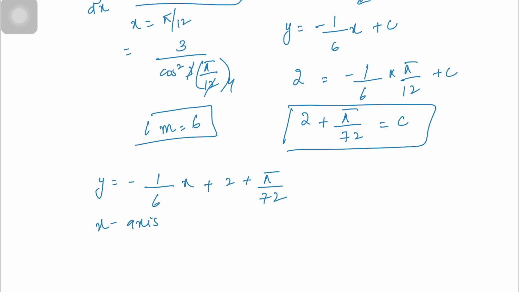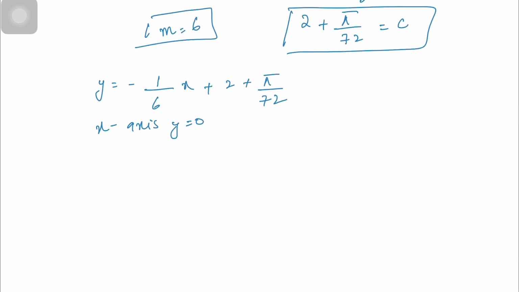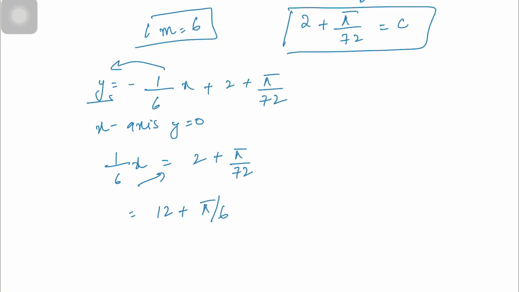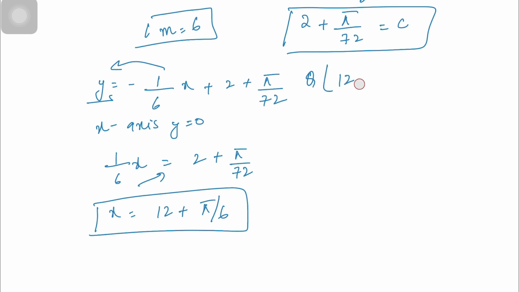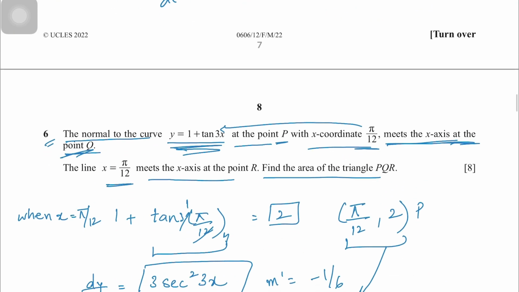With the x-axis y equals 0, we get 1 over 6 x, which would go over there since it's 0, and then this would be 2 plus pi by 72. This 6 would be multiplied, and then we get our answer as 12 plus pi by 6 as our x. So our Q can be written as (12 plus pi by 6, 0), and we have our R as meets the x-axis.